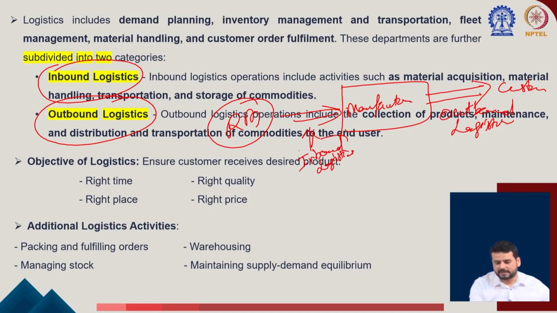When we are talking about inbound logistics, we are talking about the transportation of the raw material, the storage of the raw material, and the final distribution of that raw material to the production lines. And production lines are not only at one place; maybe we have 5 different manufacturing facilities in India, so those 5 facilities will be fed by all those suppliers.